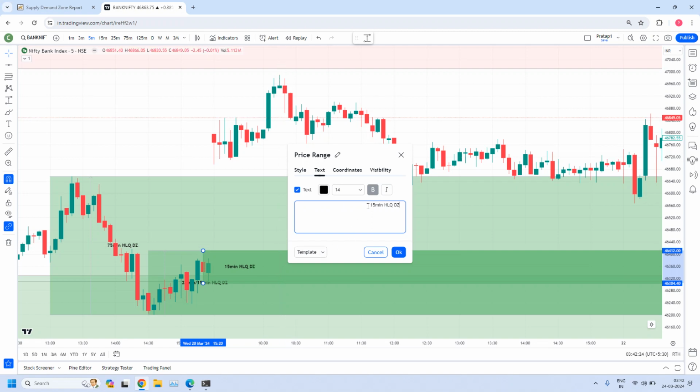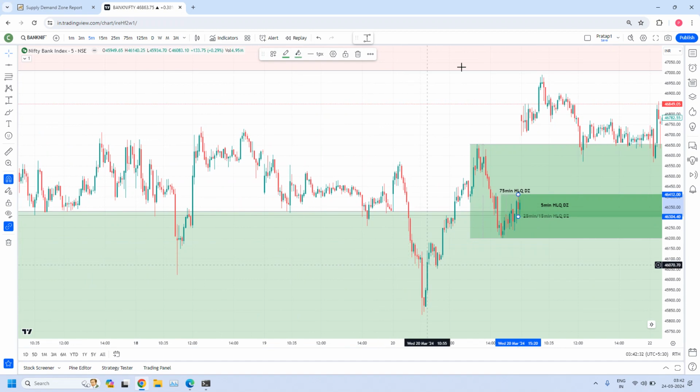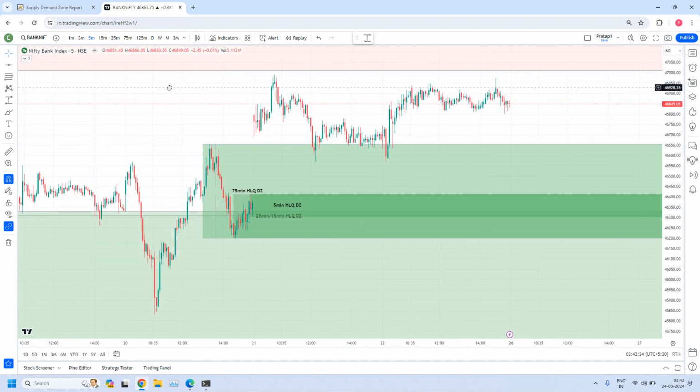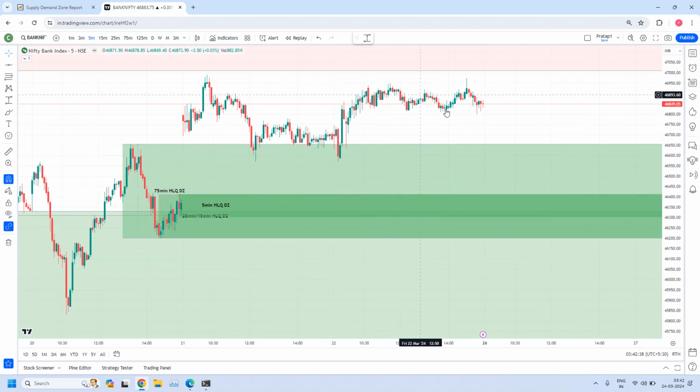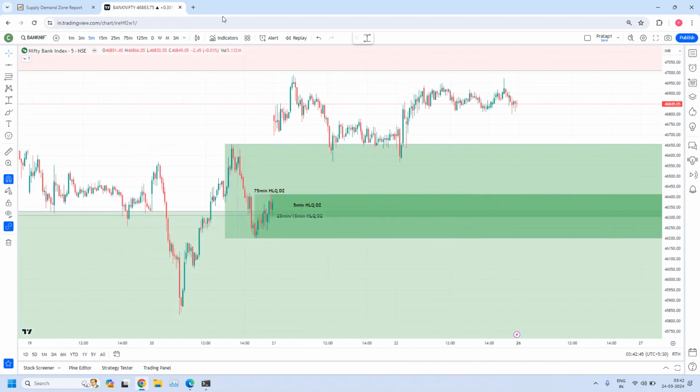Not 15 minutes, I'm sorry, this is 5 minutes. 5 minutes, high liquidity demand zone. If prices come probably on Monday in this area, you can plan a trade in this 5 minutes high liquidity demand zone. I mean Tuesday. Monday is a holiday.